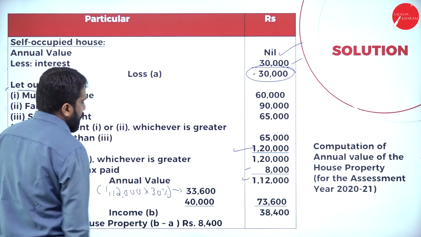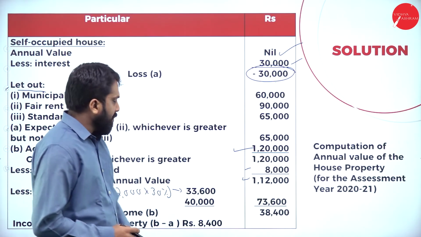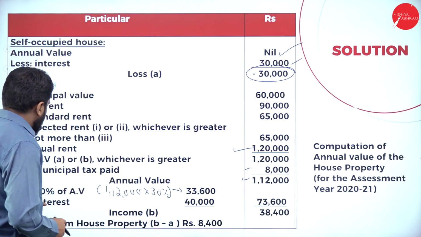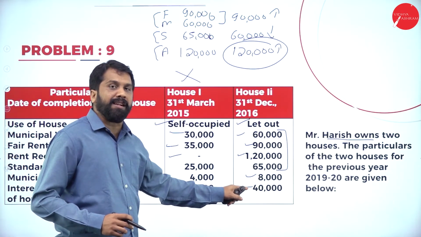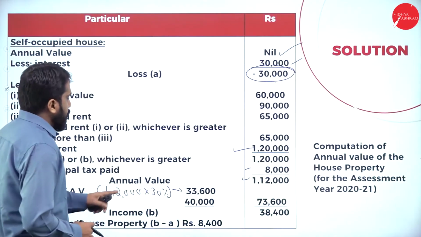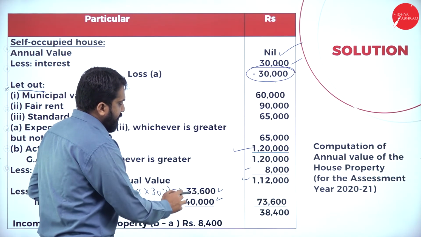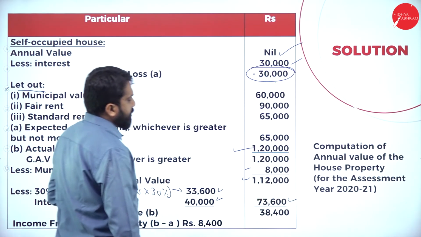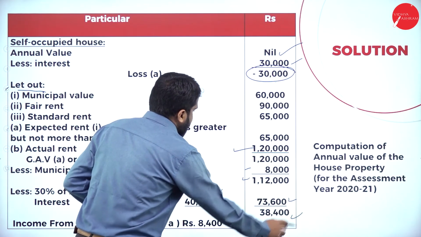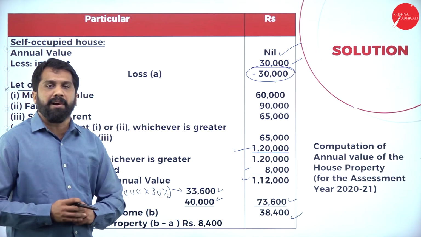It will be 33,600. Similarly, your interest part is given directly. How much is it? 40,000. Now, 33,600 and 40,000, it is 73,600. From 1,12,000 you minus 73,600, you will get 38,400. That is what? Income from house property.